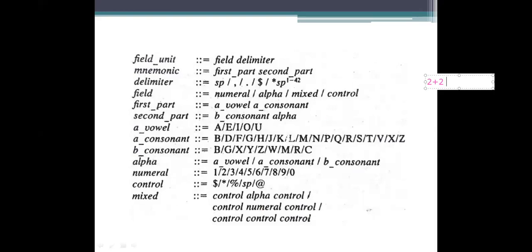It means first we should write the 4 alphabets, which is followed by the delimiter, and then the field unit. How many field units do I have to use? I have to use 8 such field units.